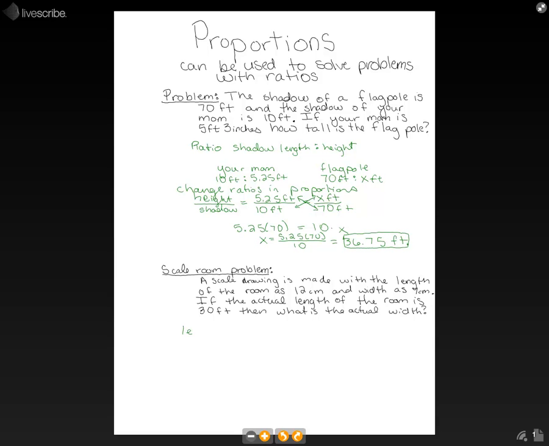So let's say our proportion is length divided by width. For our scale, that's going to be 12 centimeters divided by 7 centimeters. For the actual room, our length is going to be 30 feet, and our unknown is the width, so x feet.